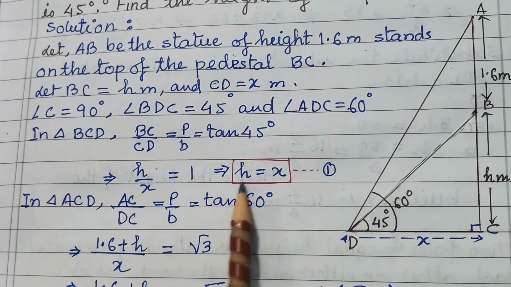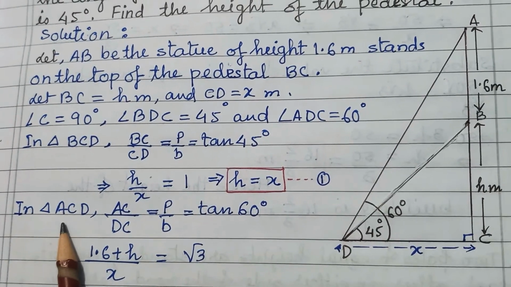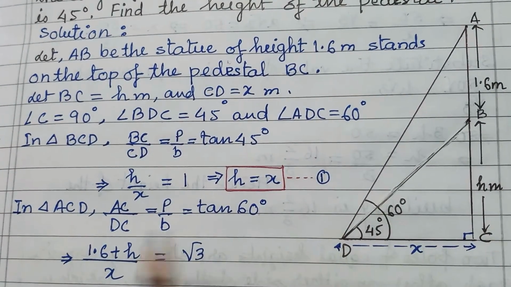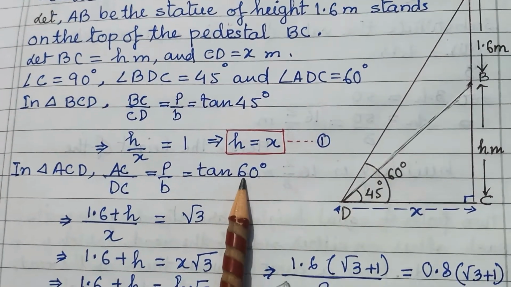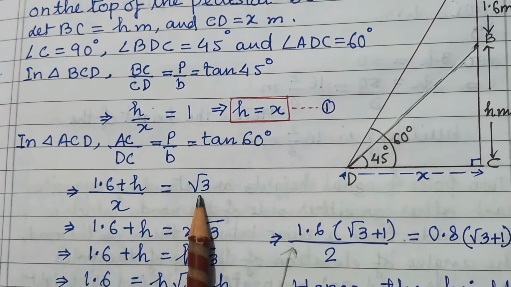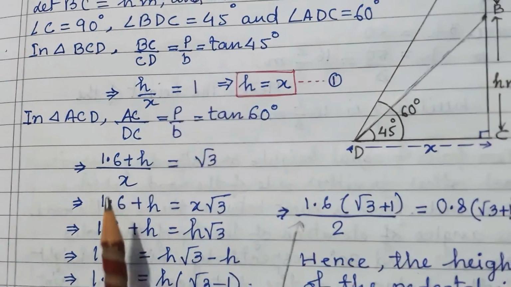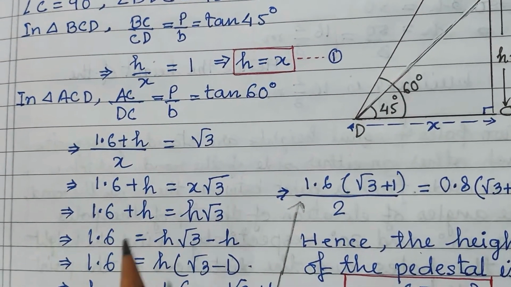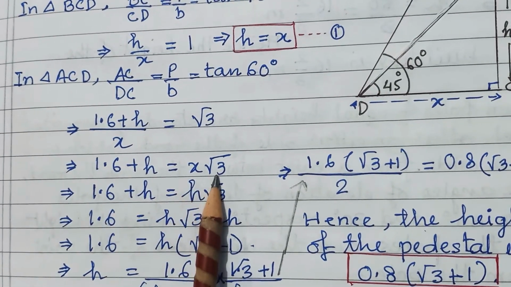So h is equal to x. This is the first relation. Next, in triangle ACD, AC upon DC is perpendicular upon base, which is tan 60 degree, root 3. Putting the values of AC and DC, it is coming h plus 1.6 is equal to x root 3.